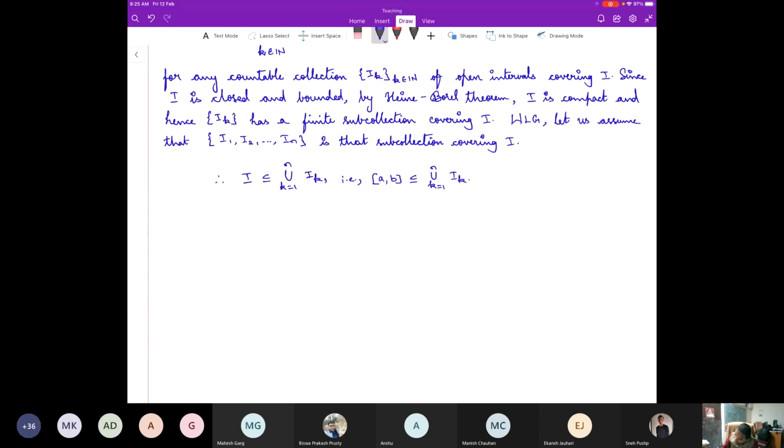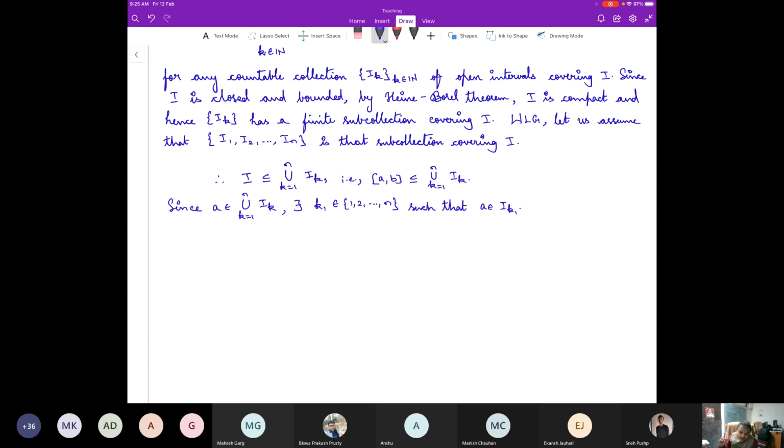Now since the interval [a, b] is contained in this, that implies that a belongs to this union. So there exists k1 in 1, 2, up to n such that a belongs to Ik1.